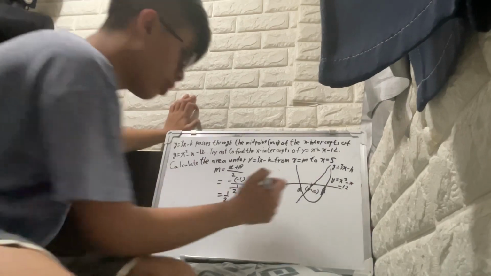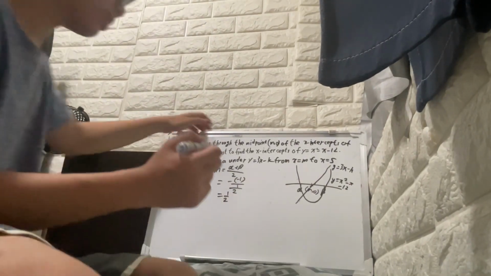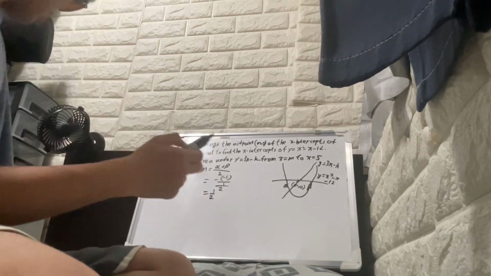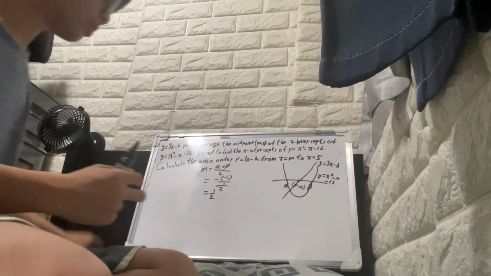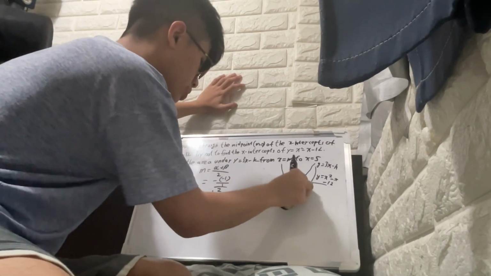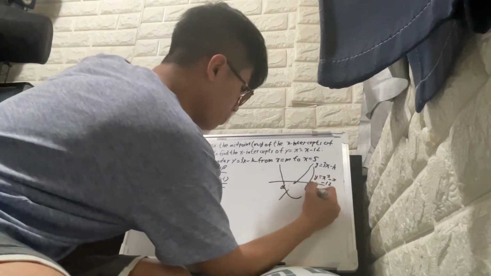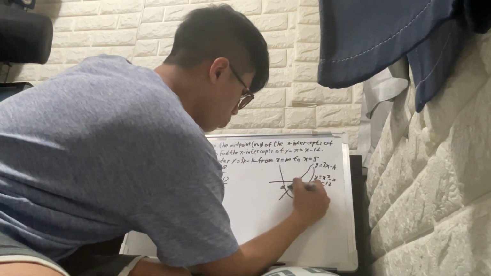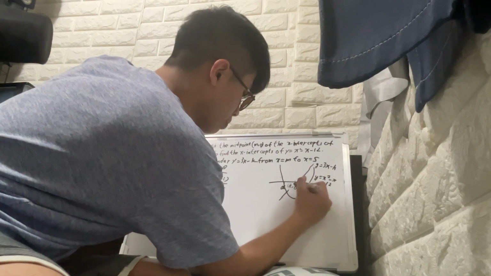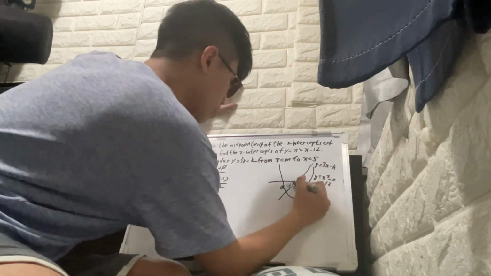So the midpoint is 1/2, and the line passes through (1/2, 0).